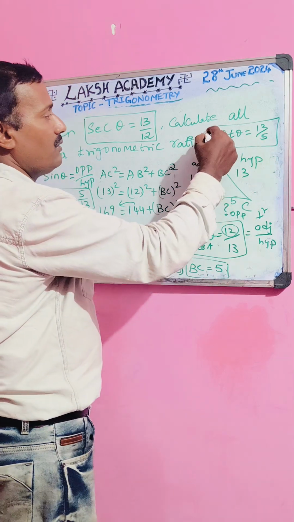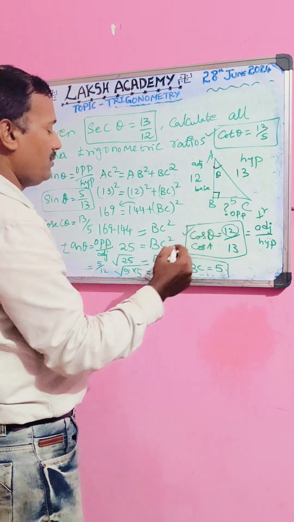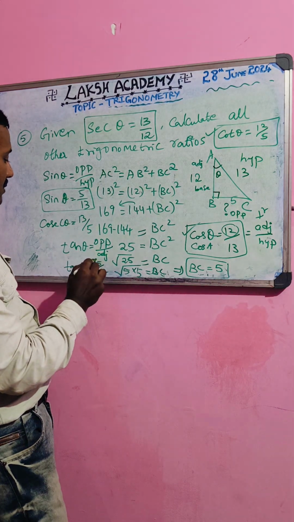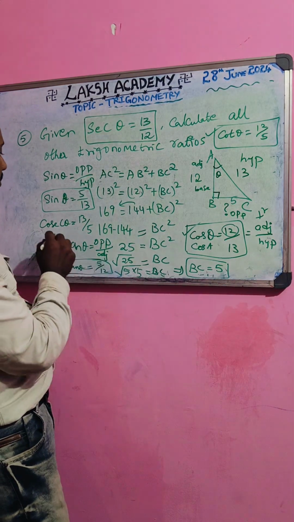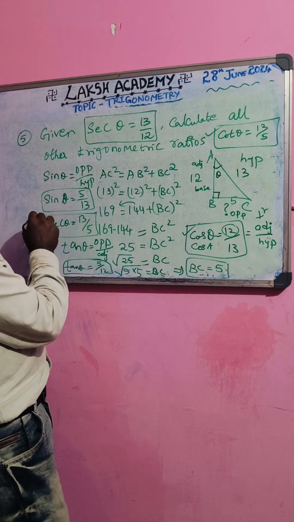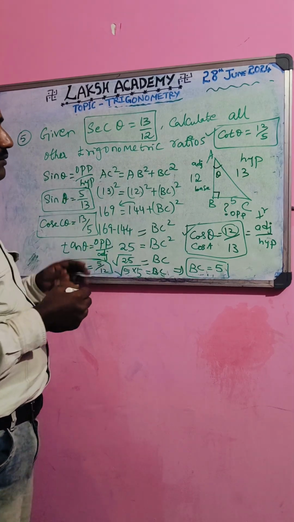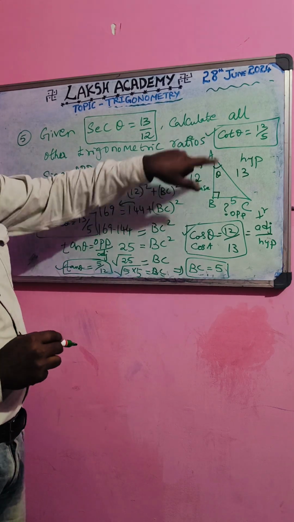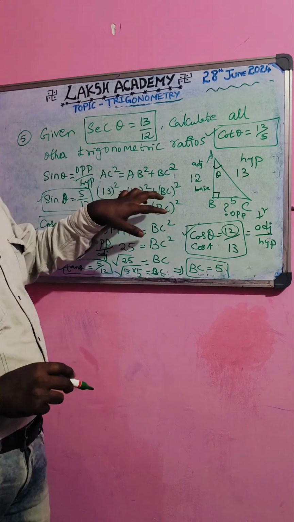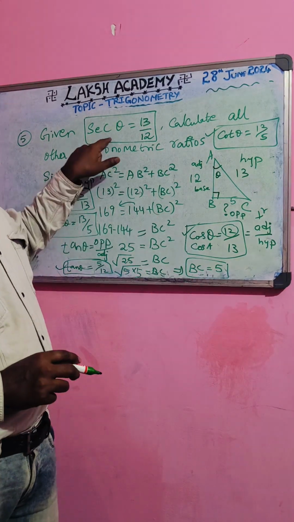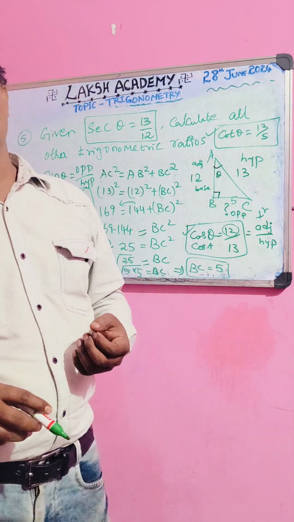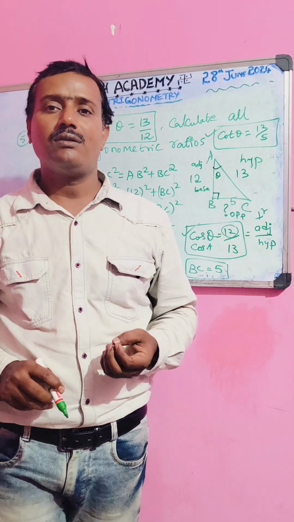Totally, we got the other 5 values: 1, 2, 3, 4 and 5. So these are the other trigonometric ratio values. One is given, and you have to find the other 5 values. Okay, let us go to the next question.